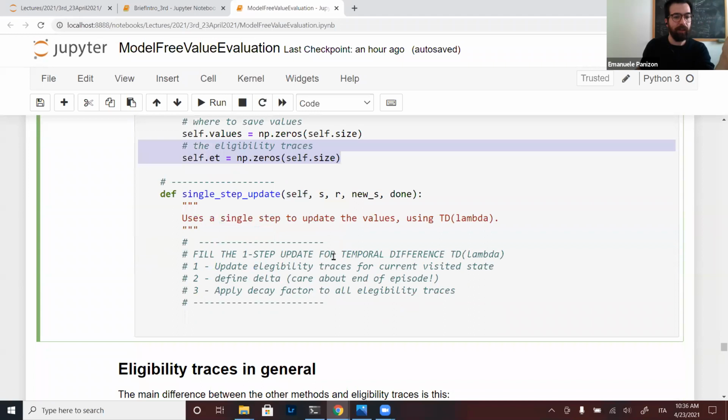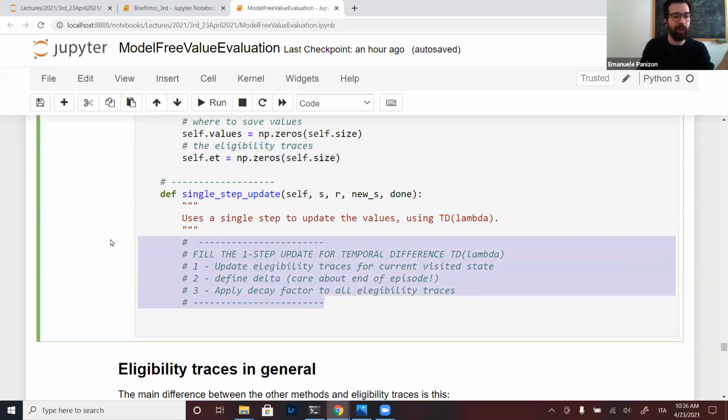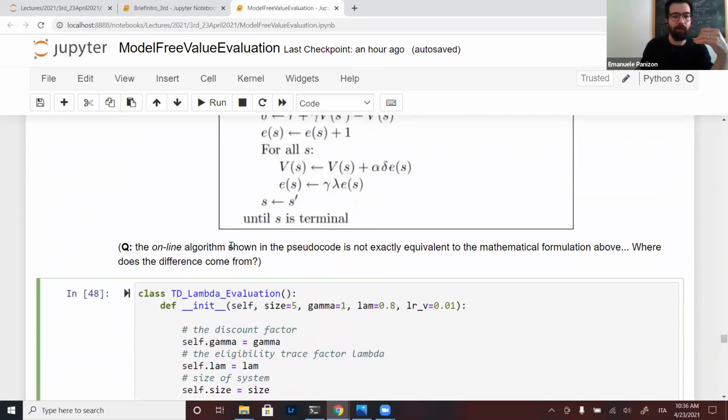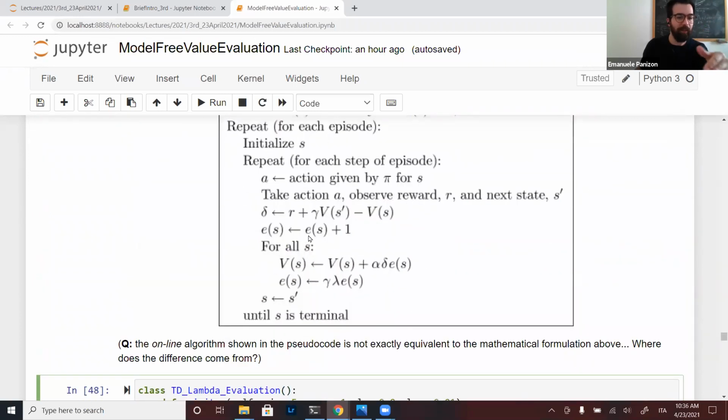That's it. Then, what is the single step update? It's the same as before because I have to create a delta, and I just need to do this very simple operation on the eligibility traces. Either the eligibility traces get +1 and then decay, or they just decay.